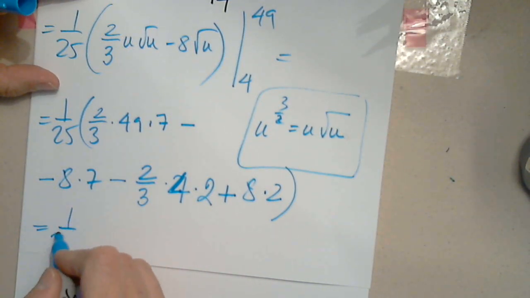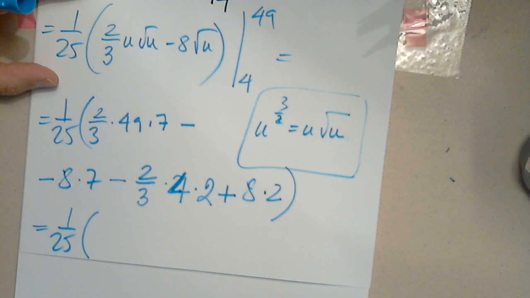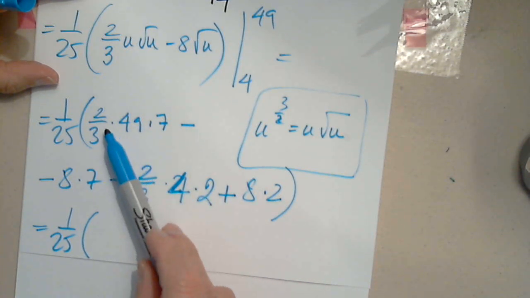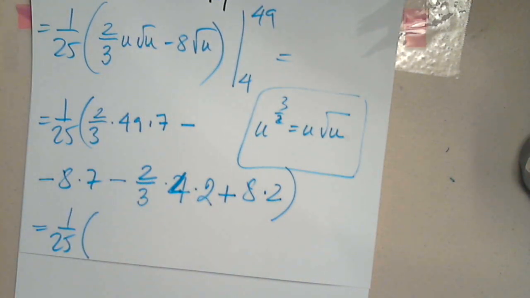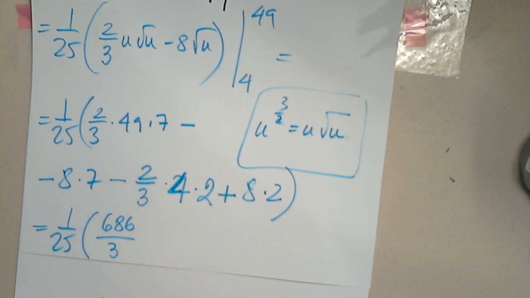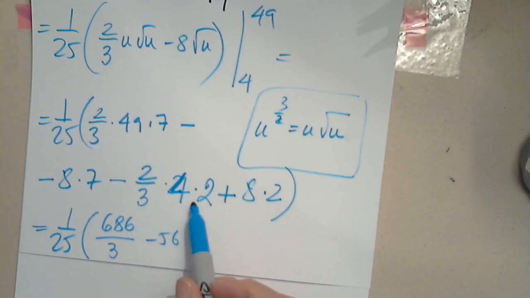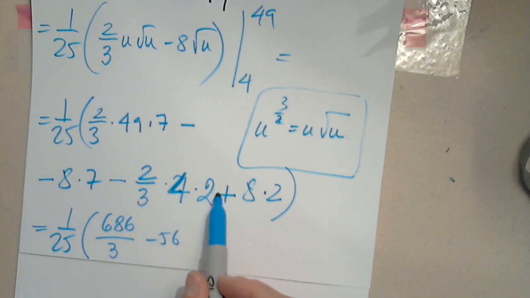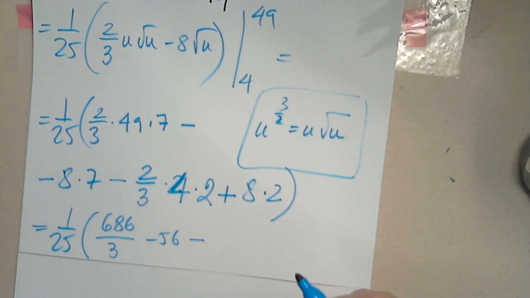Okay, so 1 over 25. 14 times 49, and I get 686 divided by 3. Minus 56. And then here I have 4 times 4, right?